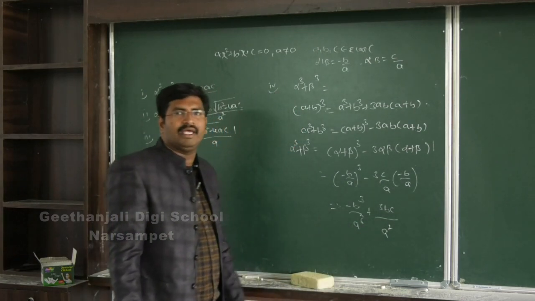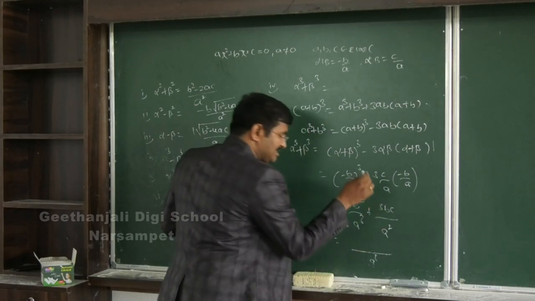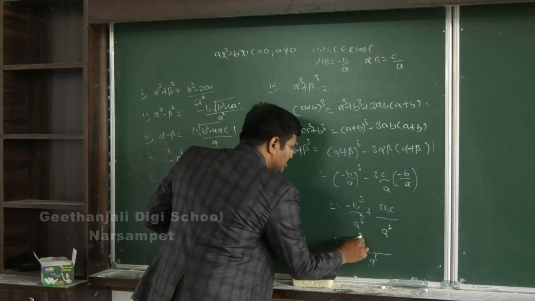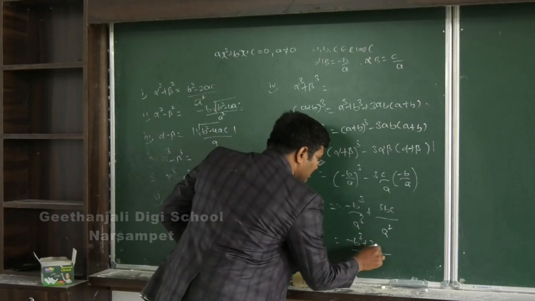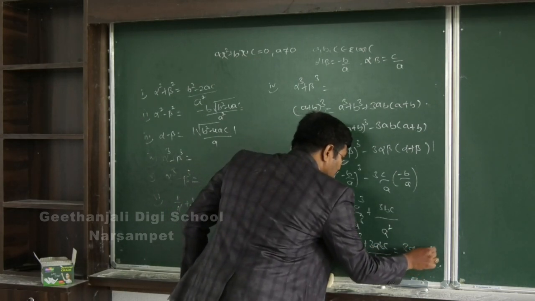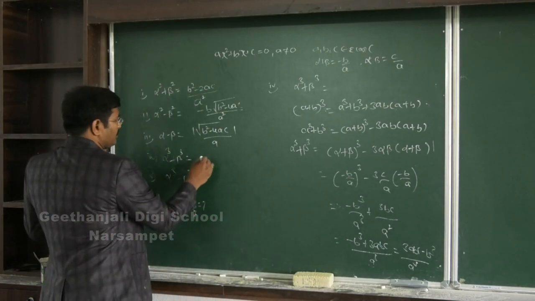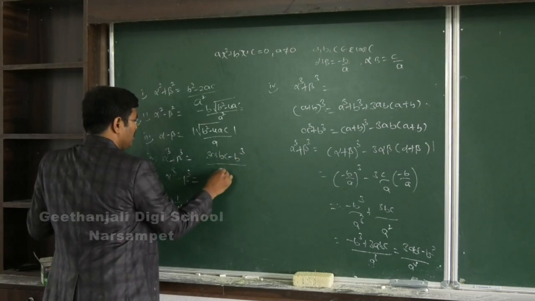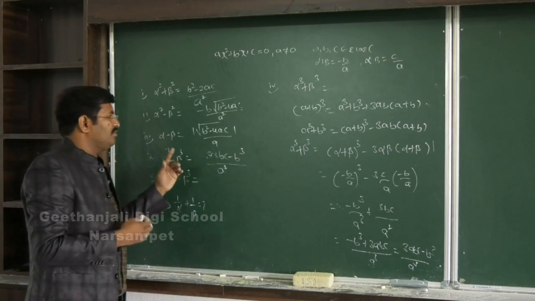Now take a cube as the LCM, then you will get minus b cube plus 3abc, that is 3abc minus b cube by a cube. It is nothing but the alpha cube plus beta cube value.